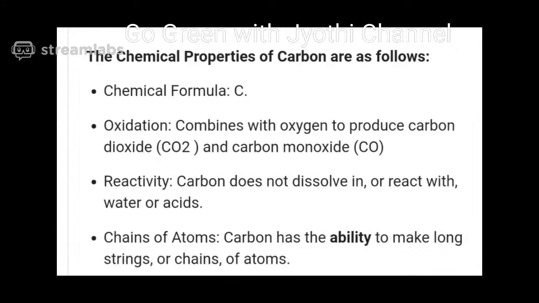It does not dissolve in water or acids. It has the ability to combine with another carbon, and another carbon. It can form a very long chain of carbon, and that is known as catenation.